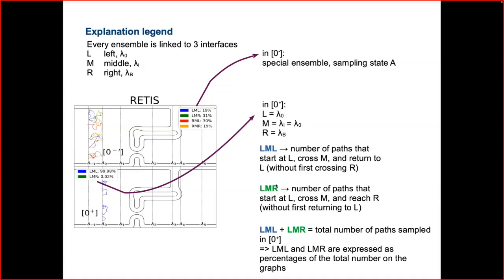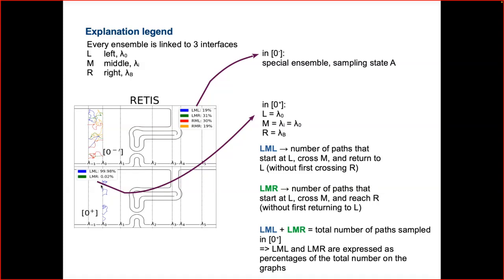And then if we look at all the paths that are sampled in the 0 plus ensemble, for instance, in this case, about 100,000 paths that we sampled, then the total number will be 100,000, and we will have this total number to be the sum of all the returning paths and all the reactive paths. On the graphs, we put them in percentages.